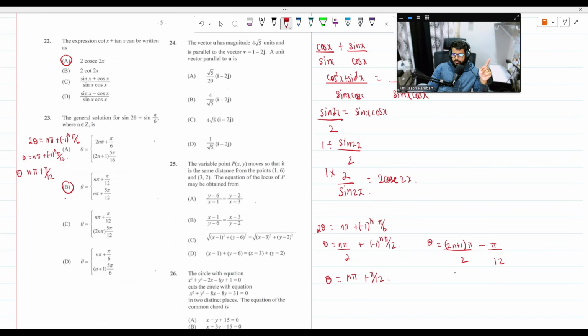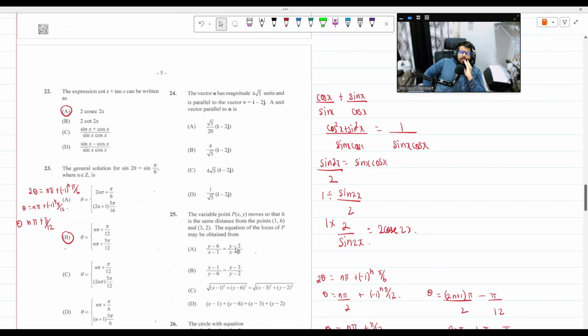So we get 2n pi over 2 plus pi over 2 minus pi over 12. Multiply this by 6, multiply this by 6. I'm going to get 6 take away 1, which gives me 5 pi on 12. So we're going to get n pi plus 5 pi on 12. So yes, the answer is indeed B.